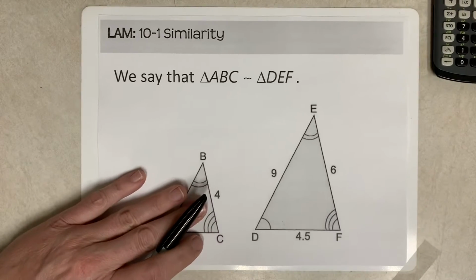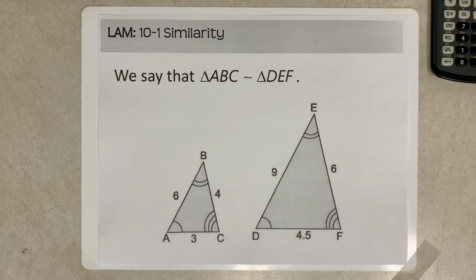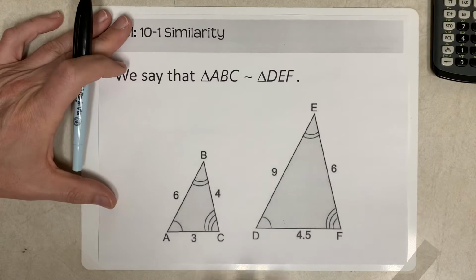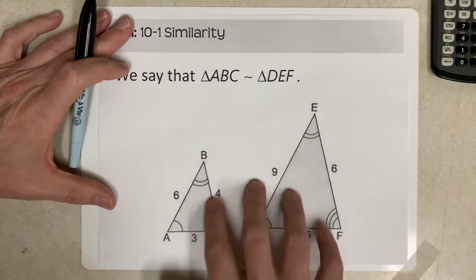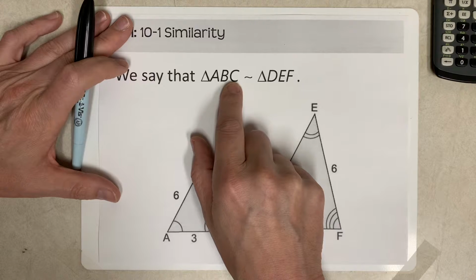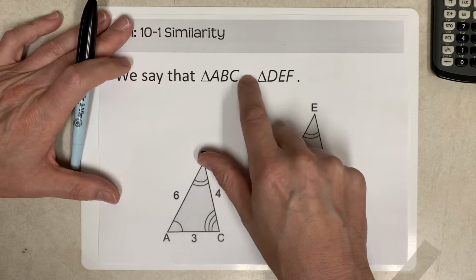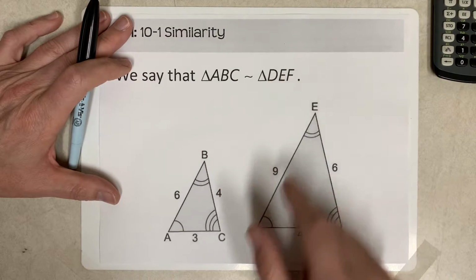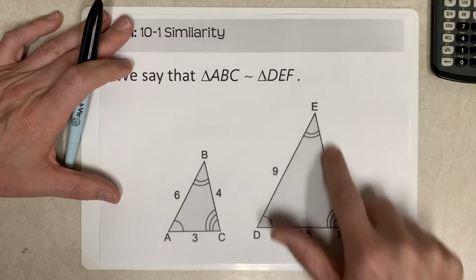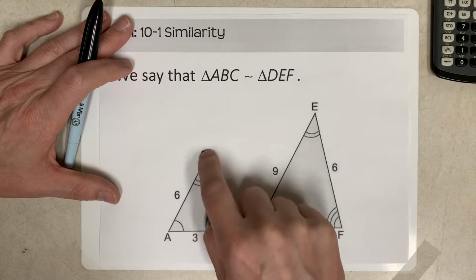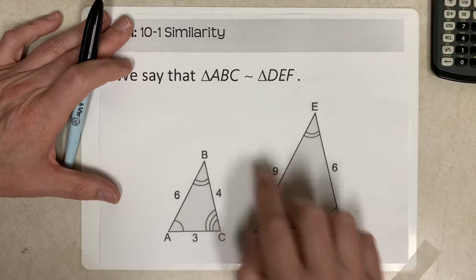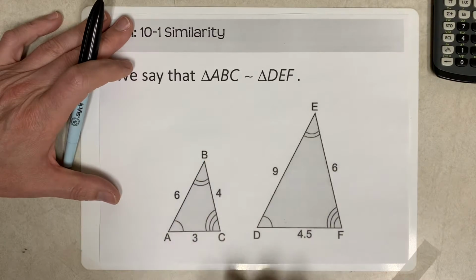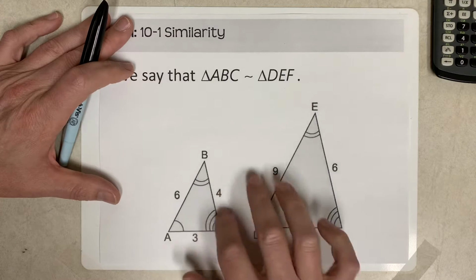And then finally, we have something called a similarity statement. The similarity statement tells us how the two triangles are related or similar. And we would say the triangle ABC, and this little tilde symbol, little wavy symbol, means similar, is similar to triangle DEF. So ABC, DEF, and you do have to match up the vertices correctly and the sides correctly. You can't just throw any 3 points and any 3 vertices in here.